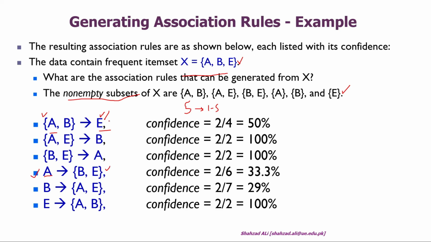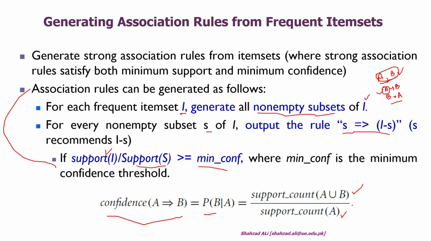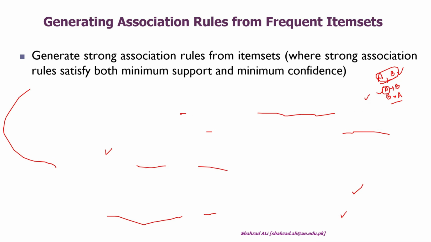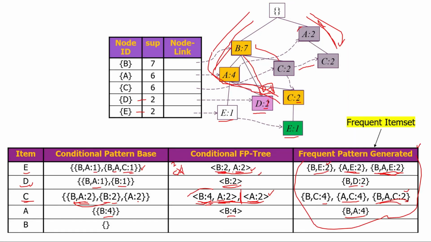So what is the confidence of this first rule? First we have to calculate the support of this. So first we have to go to our transactional database. Sorry for the inconvenience, I'm just putting this table onto the slide.